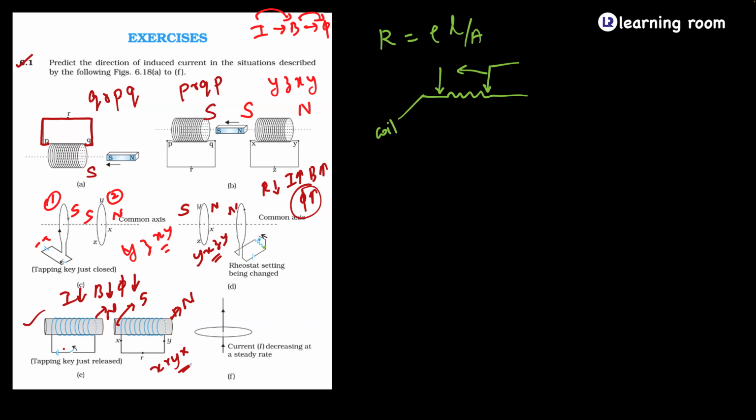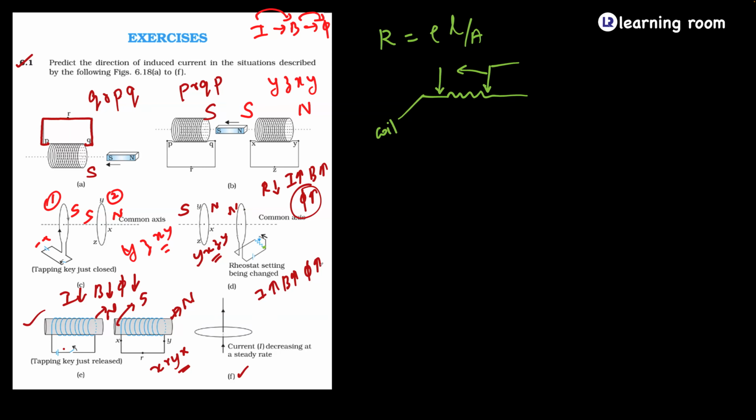Okay. Now, the last one is this F. Current is flowing through this conductor and current is increasing at a steady rate. So when current is increasing, what will happen to the magnetic flux? Magnetic field will increase, and so the magnetic flux. Okay, current is decreasing.